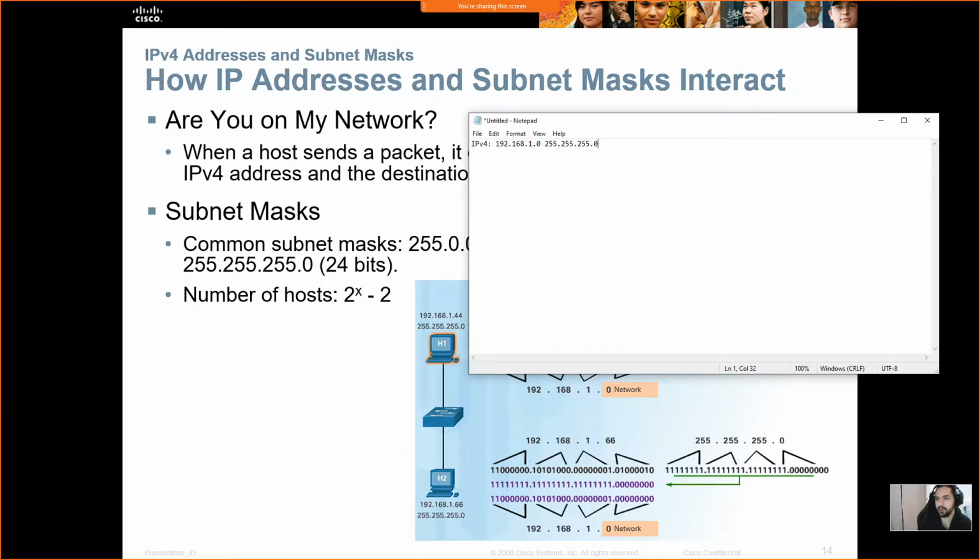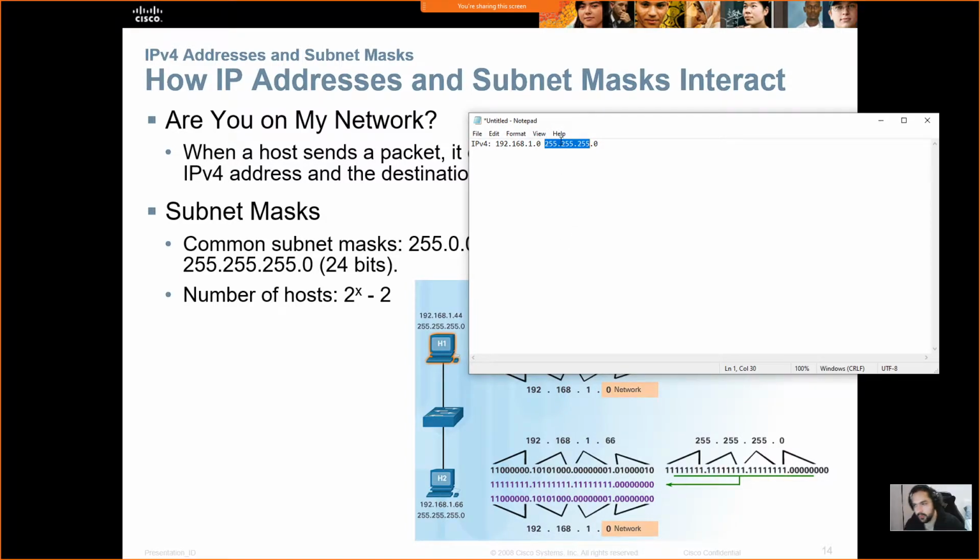And this subnet mask is 255.255.255.0. As we just saw in the presentation, it's got 8 bits, 8 bits, and 8 bits, correct? So it's 24 bits, and these 24 bits are all set to 1.